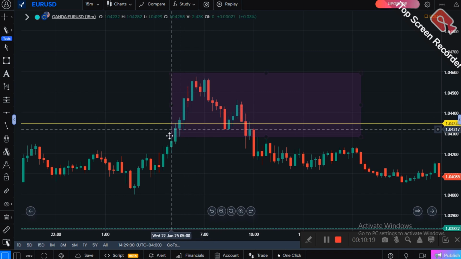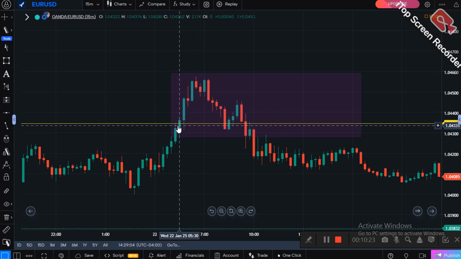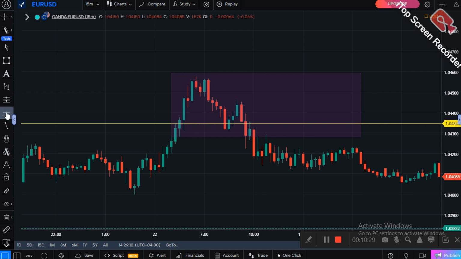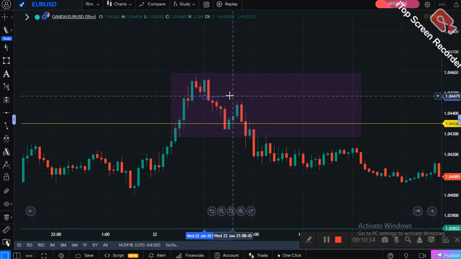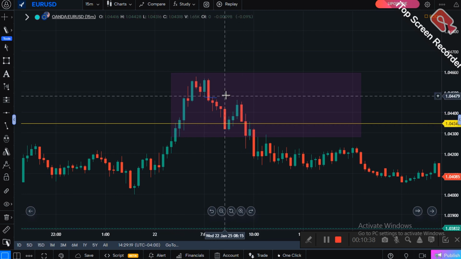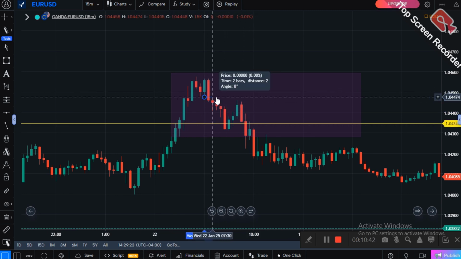Now, the first step is mark liquidity, sweep liquidity above this line. First step done. Second step is the market structure shift, which is this in a short period.